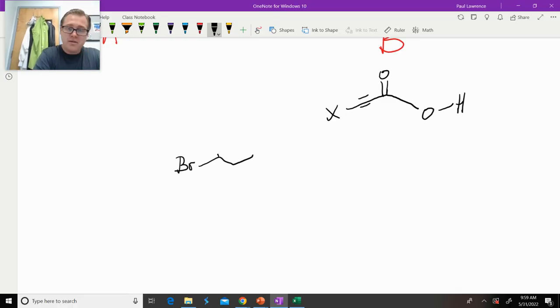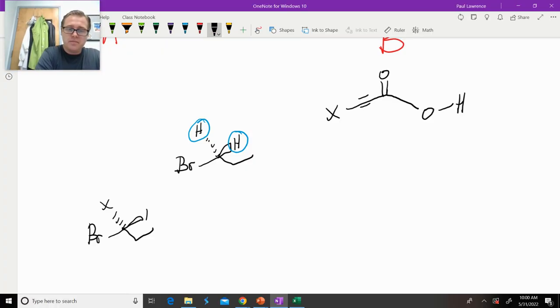So we have a wedge there, H and H. Okay, so our question is, what is the relationship between those two hydrogens? So we redraw it, do the replacement test, and it doesn't matter which one you replace. I'm going to replace the one on the dash.